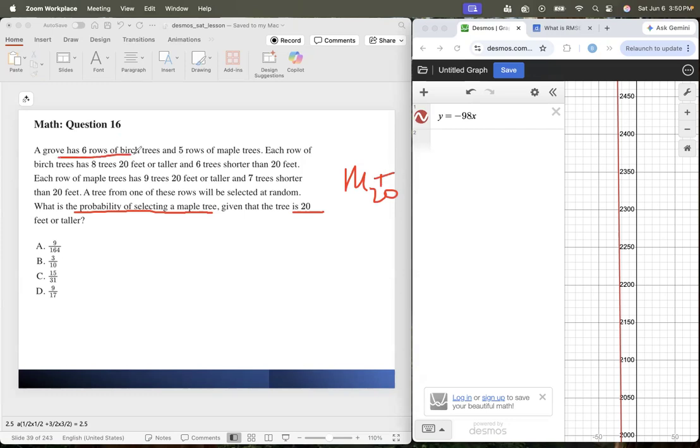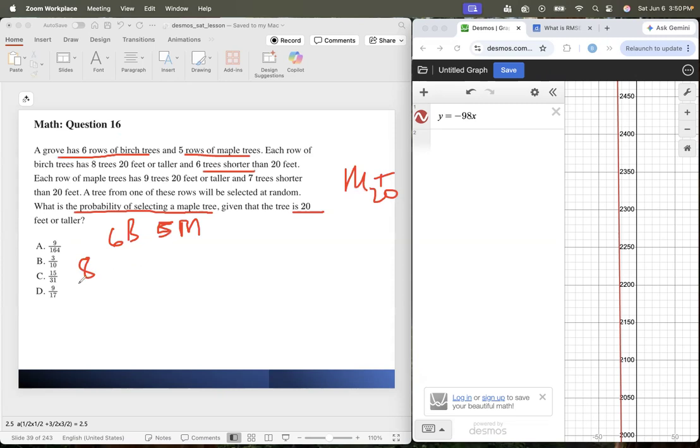So a grove has 6 rows of birch trees, so there's 6 of the birch tree, and 5 rows of maple tree. Each row of the birch tree contains 8 trees that are taller than 20 feet, and then 6 trees that are shorter than 20 feet.